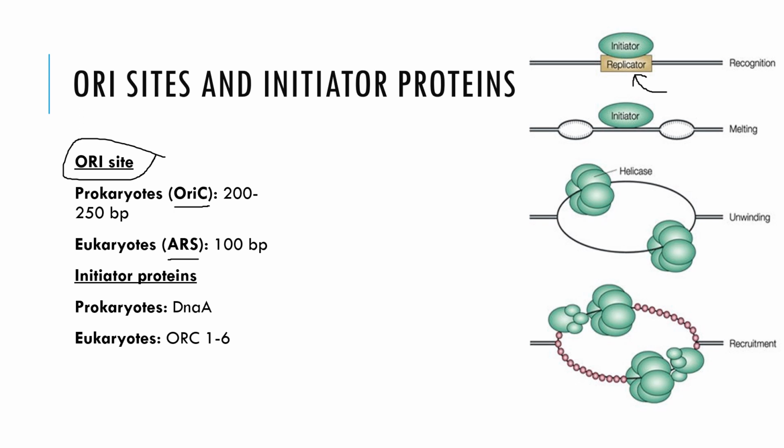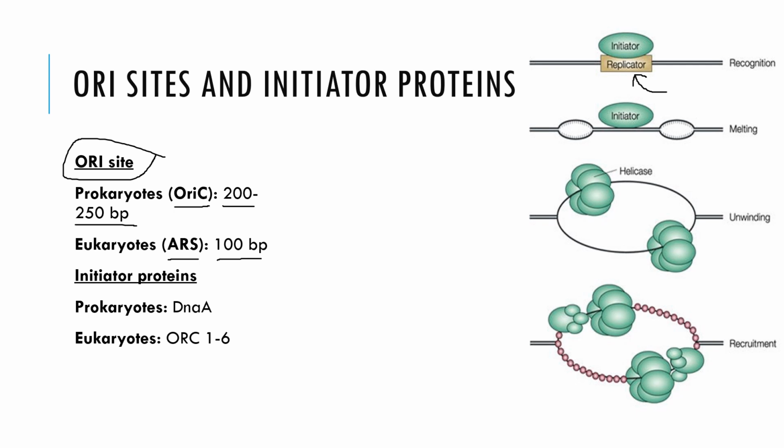The origin of replication in prokaryotes is 200 to 250 base pairs long, and in eukaryotes it is 100 base pairs long. Why is the ORI site in prokaryotes 200 or 250 base pairs long, which is more, while in eukaryotes the base pairs are fewer?